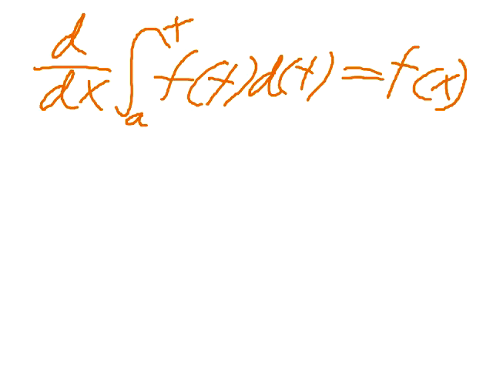So by knowing this, the derivative of F of x is going to be the derivative of the integral from a to x of f of t dt, and this will equal f of x.